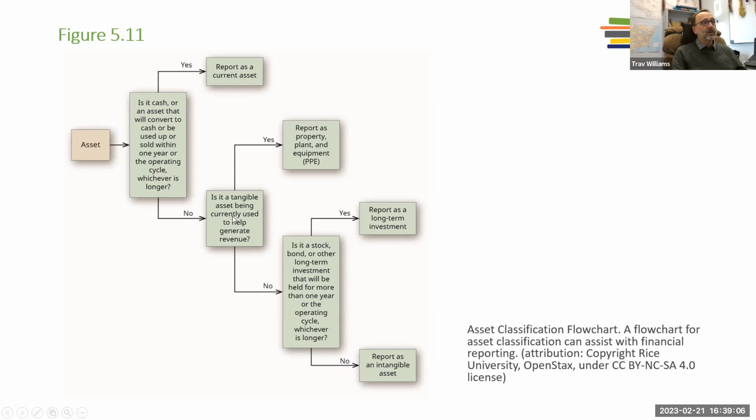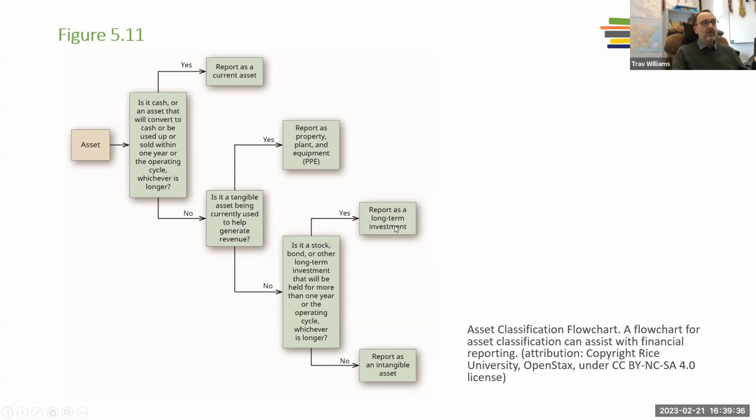If the answer is no, then is it a tangible asset, something that could be touched, that's being used to help generate revenue? That would be property, plant, which is a factory, and equipment. And property includes land. So if it's property, plant, or equipment, then yes. If it's not one of those, then you go down here to no. Is it a stock, bond, or other long-term investment that you're going to hold for more than a year?